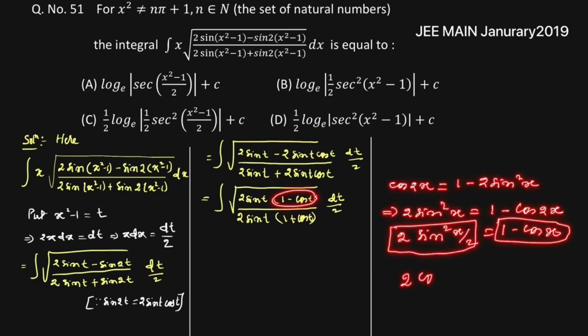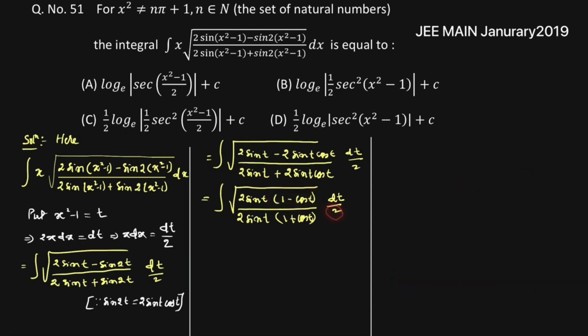Similarly 2 cos square x by 2 we are able to write 1 plus cos x, and this 2 we are able to write here, which is equal to 1 by 2 integration of root over 2 sin square t by 2 divided by 2 cos square t by 2, dt. After that this 2 and that 2 cancel again.